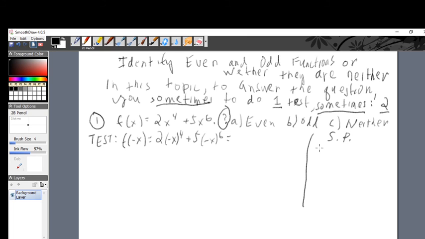If a negative x is raised to an even exponent, 2, 4, 6, etc., it becomes positive.